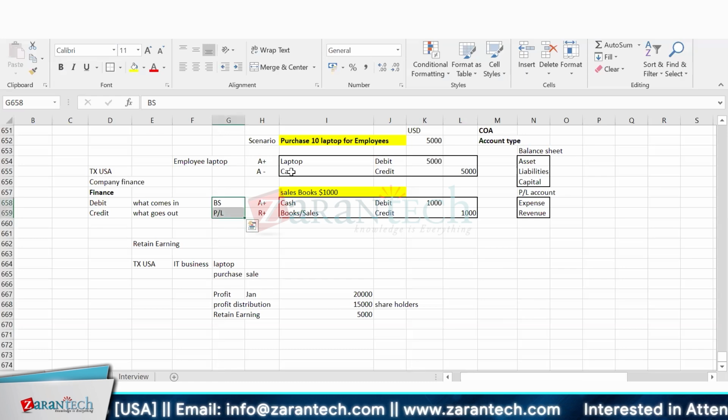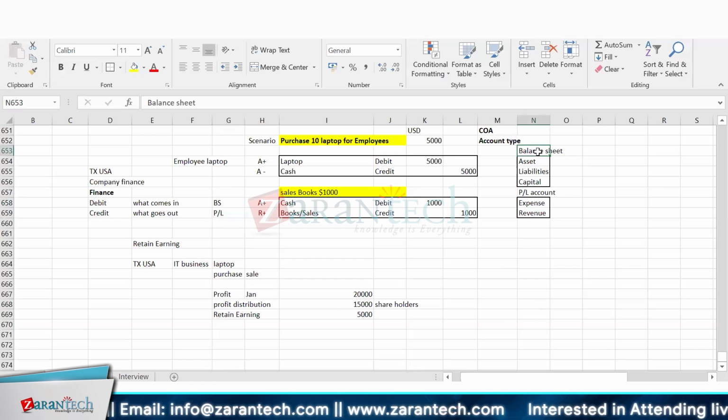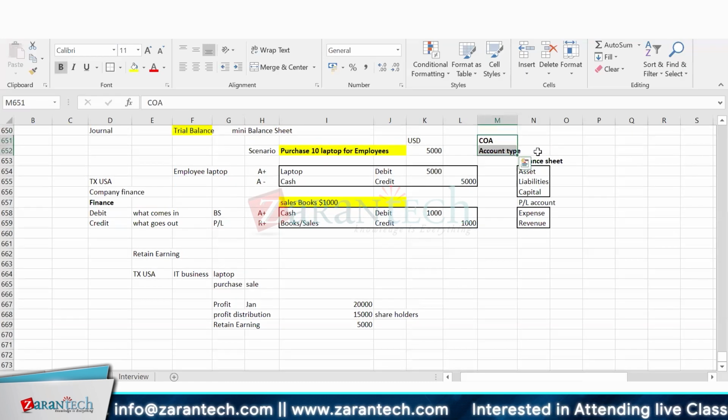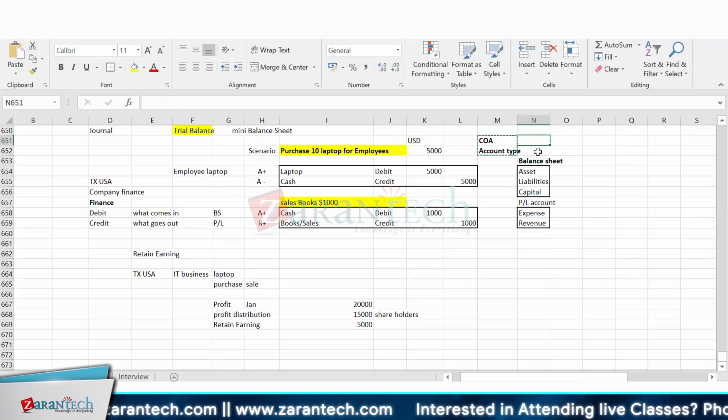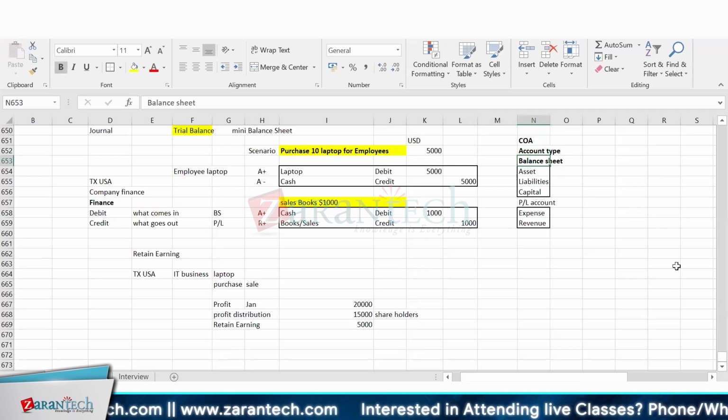So another point, I mentioned earlier, there are 5 account types we design in the chart of accounts. Is it clear till now? Now this account type is segregated into two levels: one is the balance sheet account and the other is the profit and loss account.